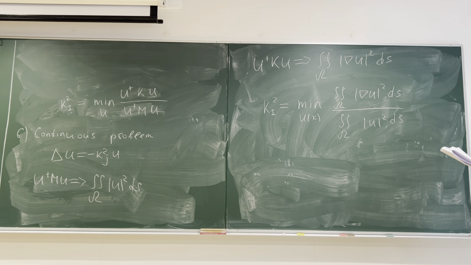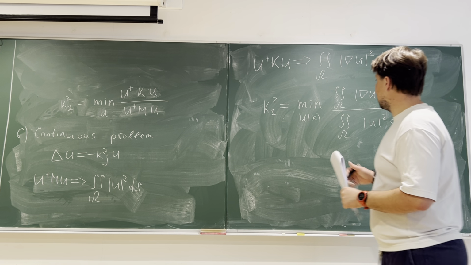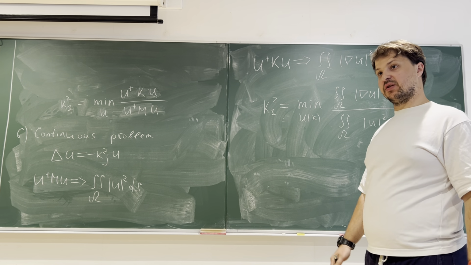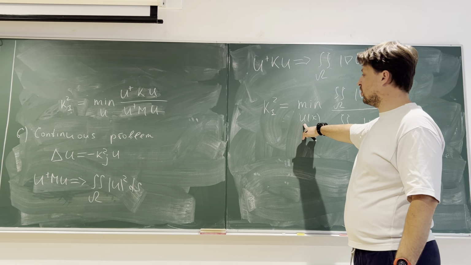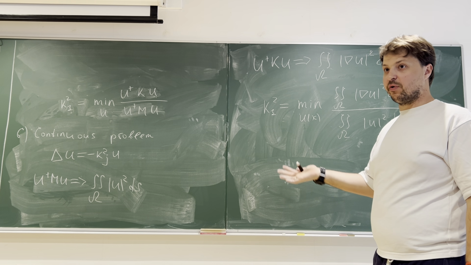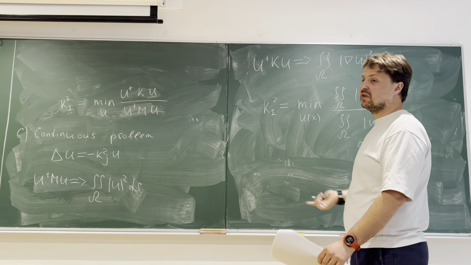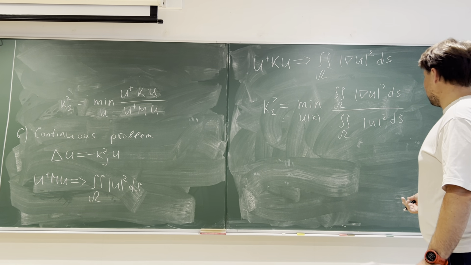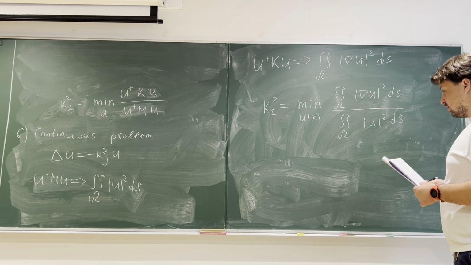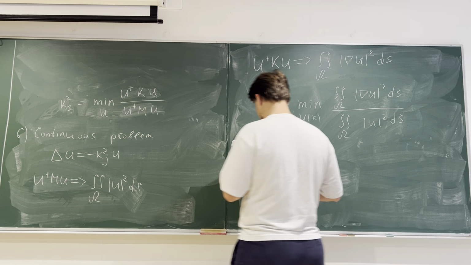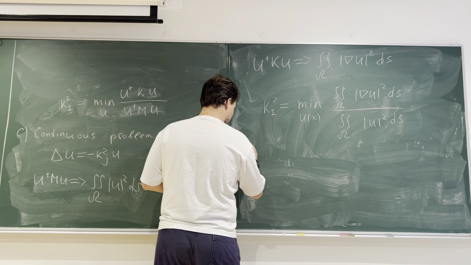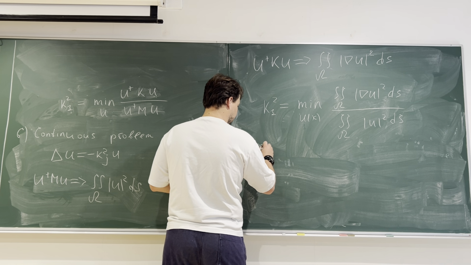Okay. And here we have some space of functions. So this U is not necessarily a solution of Dirichlet's equation, because if we had a solution, we would have already done everything we want. So this U is a test function.